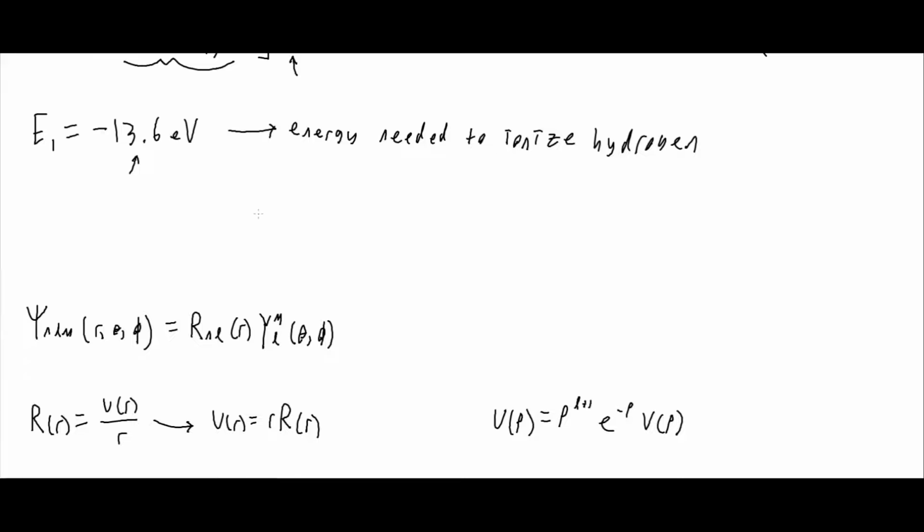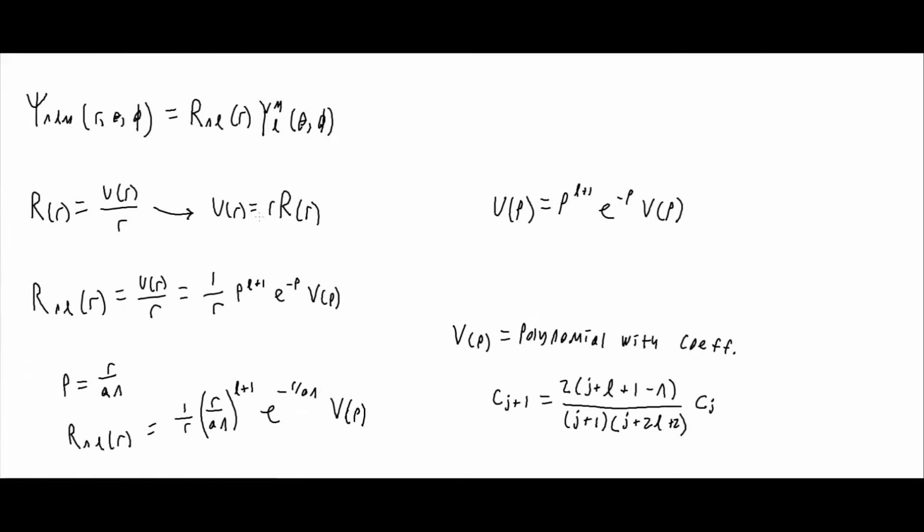So if we want to get the wave function for the ground state, first this is the wave function solution right here. We have our radial part and our spherical harmonics.